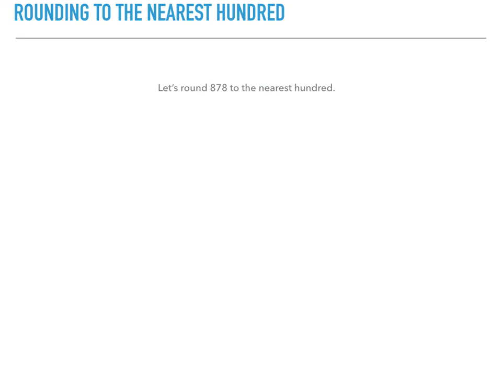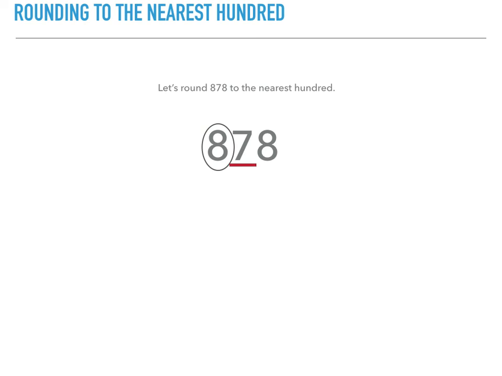Let's use the same method to round to the nearest 100. Here we have our number, 878. What do we do first? First, we want to find the number in the hundreds place because we are rounding to the nearest 100. That number is 8. Next, we want to look to the digit to the right.